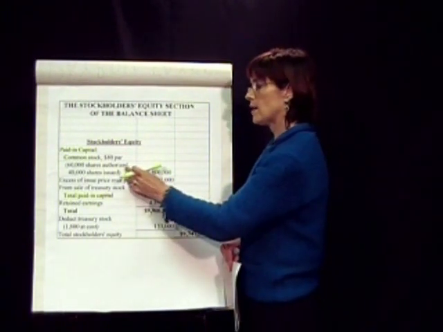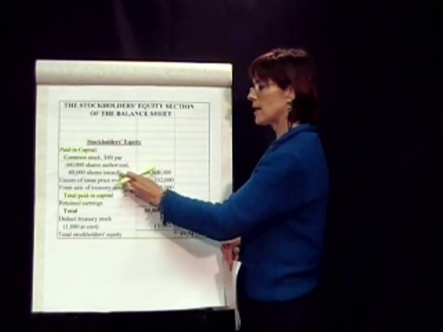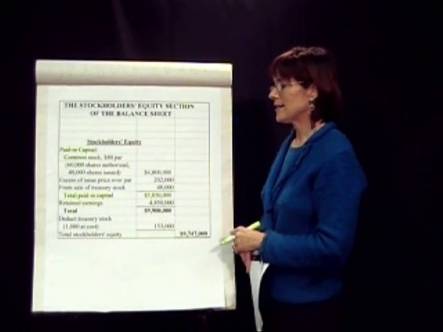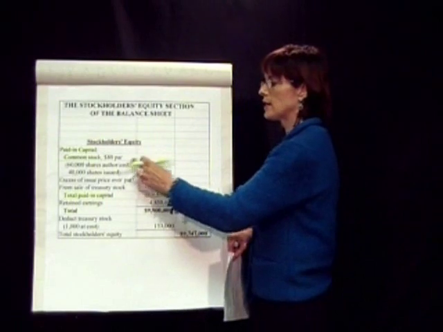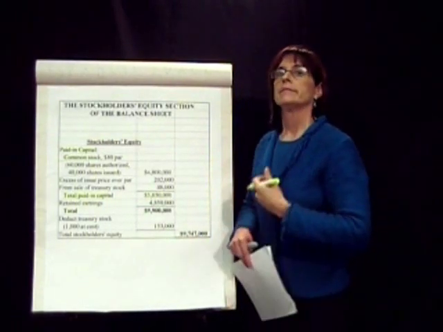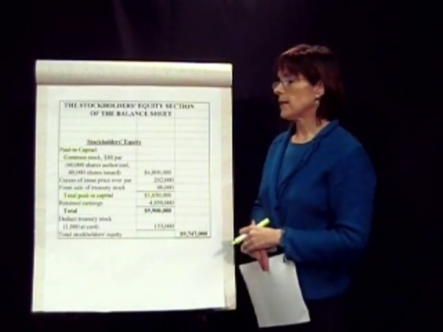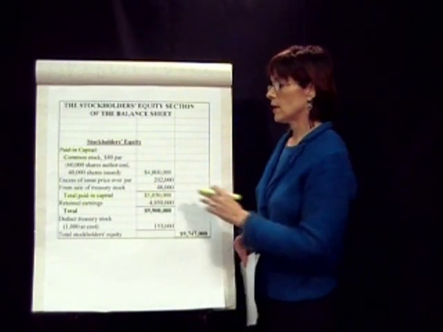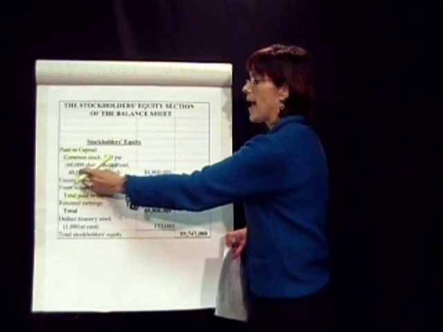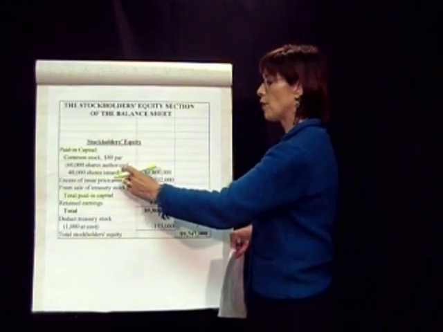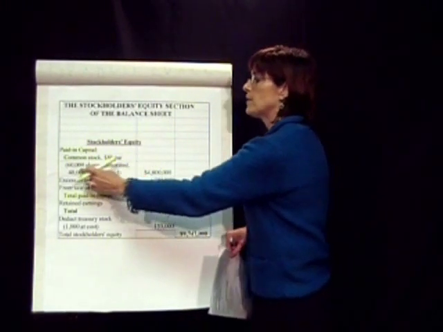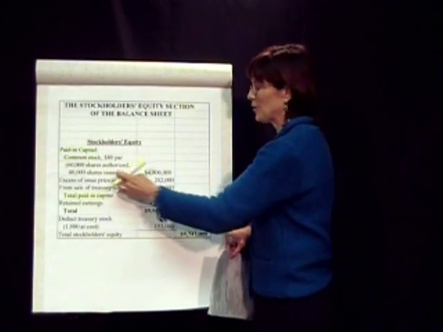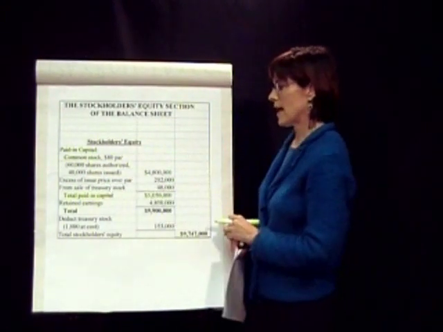It says here there's 60,000 shares authorized and 40,000 shares issued. What's the difference between authorized and issued? We talked about authorized being those that are established that can be issued to the stockholders, but sometimes they're not all issued. So in this case, this company has 60,000 shares they're authorized to issue, but they've only sold 40,000.